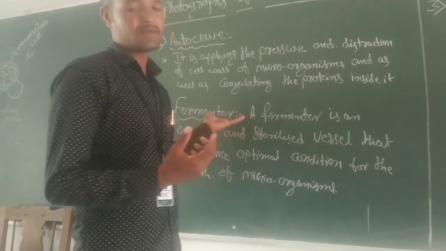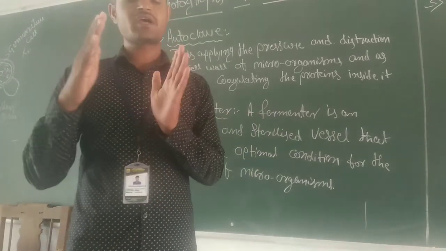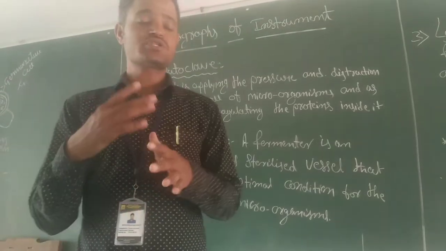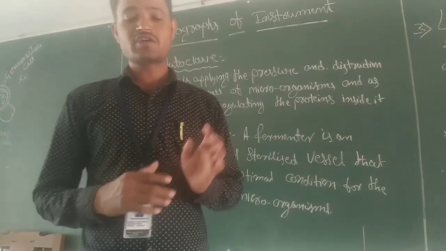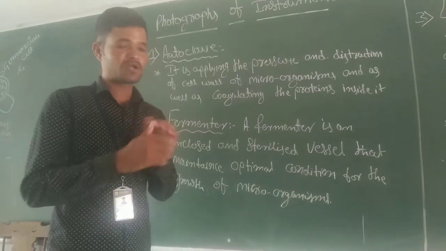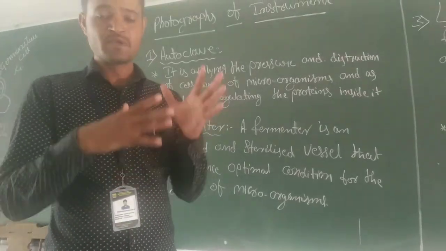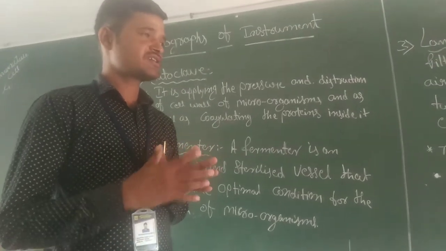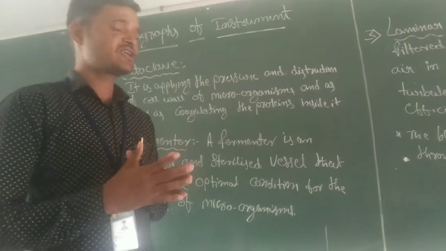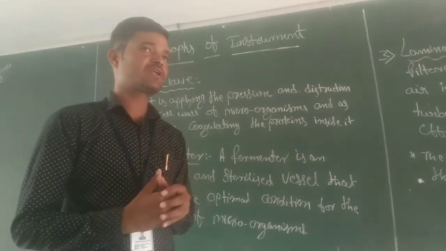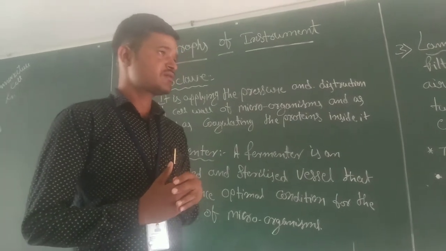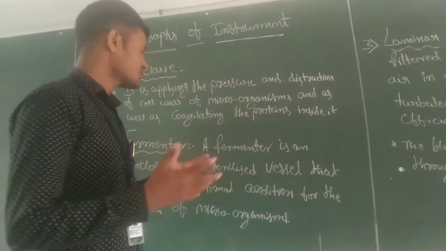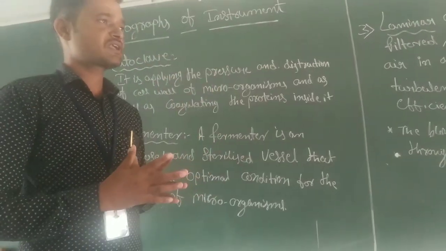In the fermenter, the microorganisms undergo fermentation to produce large quantities of desired metabolites of commercial use. For example, in the bakery and wine industries, and in alcoholic preparations, large fermenter containers are used.